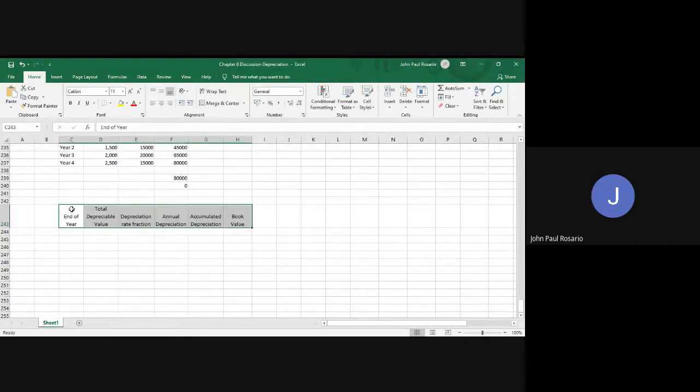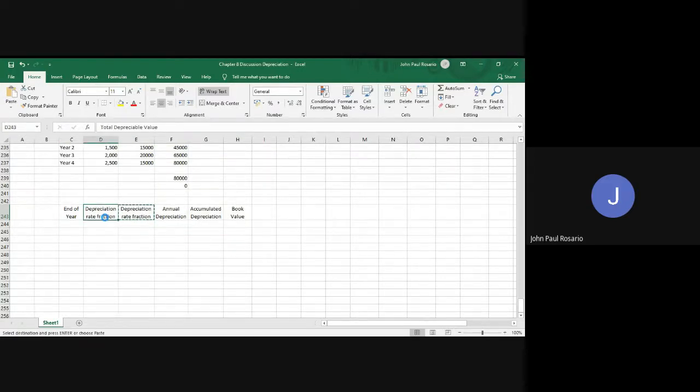So: end of year, depreciation per hour, hours used, and then annual depreciation, accumulated depreciation, and book value.